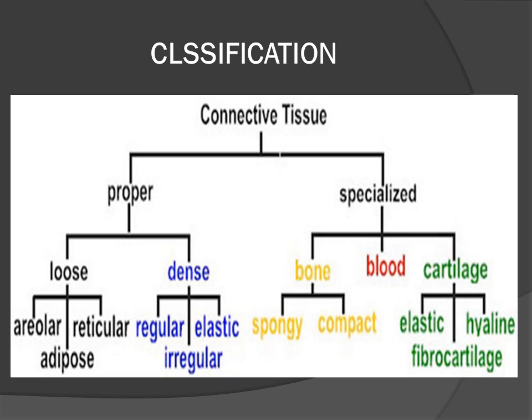Then the specialized connective tissue is further classified as bone, blood, as well as cartilage. This specialized connective tissue we will discuss in the next session. Today we are going to discuss the proper connective tissue, such as loose as well as dense. Is it clear?